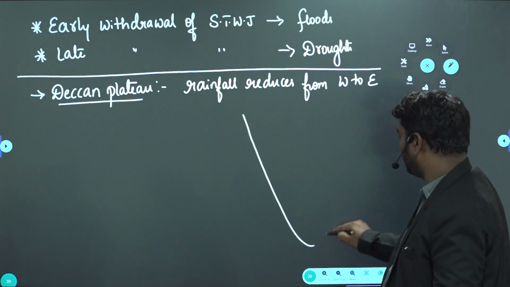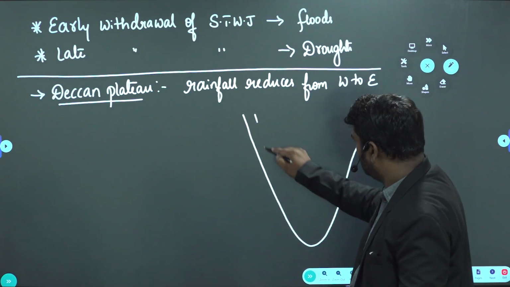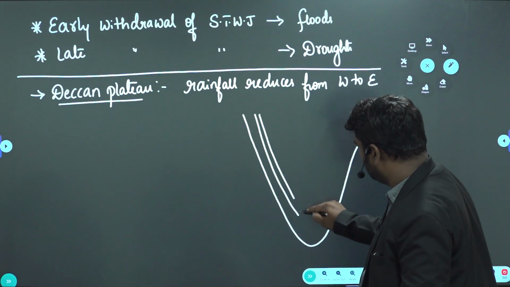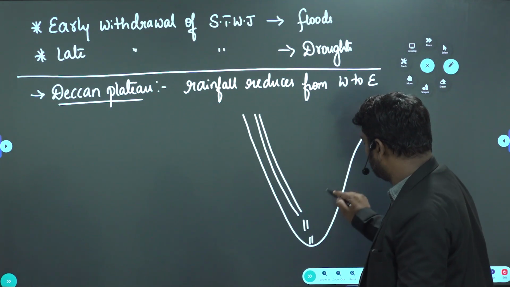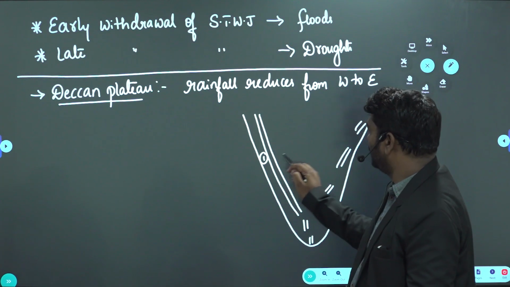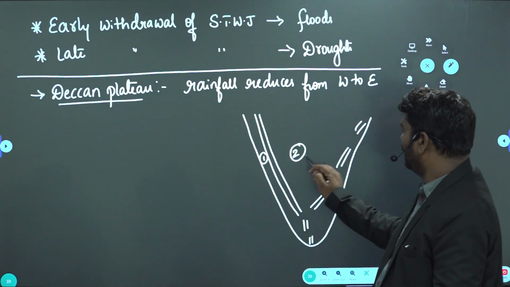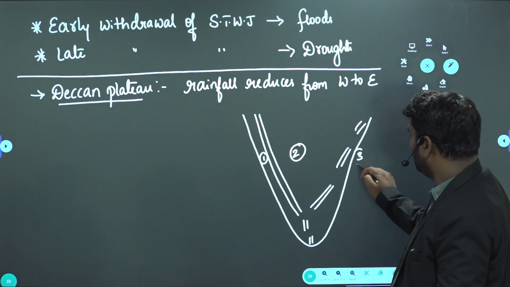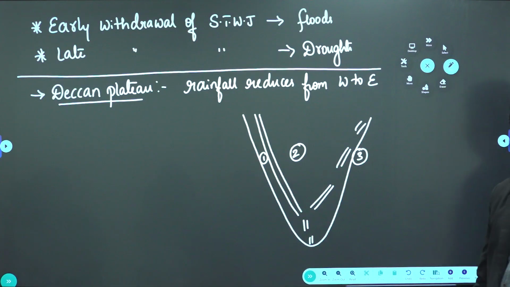If you take the Deccan Plateau, the west coast will get more rainfall, the plateau will get less rainfall, and the east coast will get the least rainfall. Rainfall decreases from where to where? West to east.